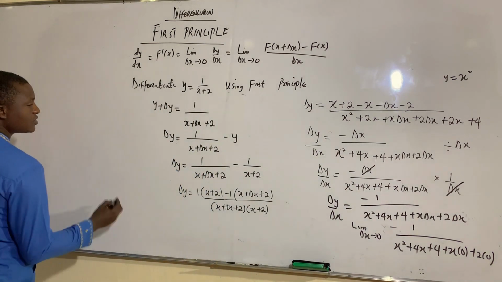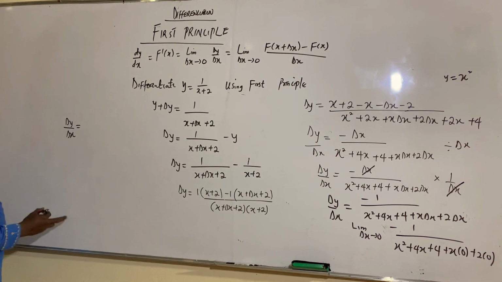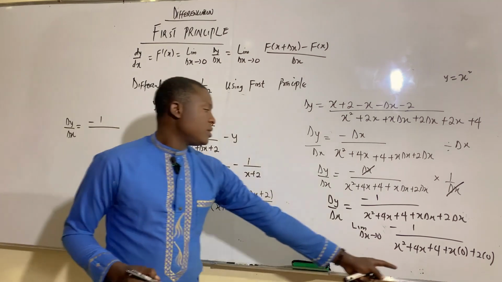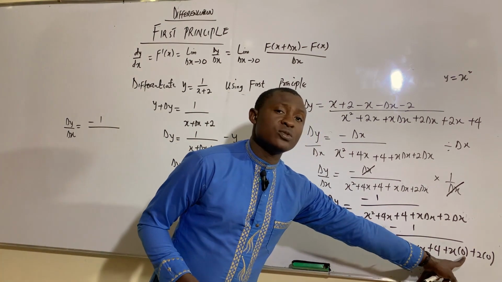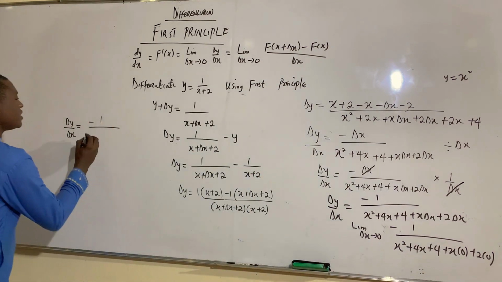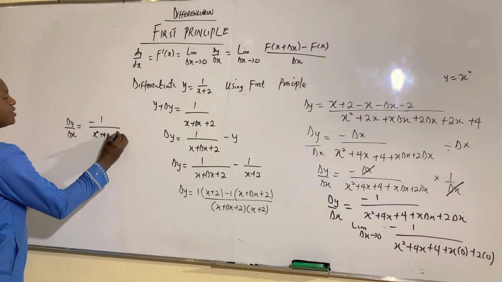So there, after that, let me just write it here. I can have dy/dx of this is equal to minus 1 all over, the moment we put this one, x times 0 is going to be 0, 2 times 0 is going to be 0. So what we have left now is x squared plus 4x, then plus 4.